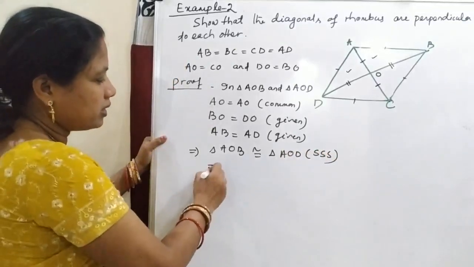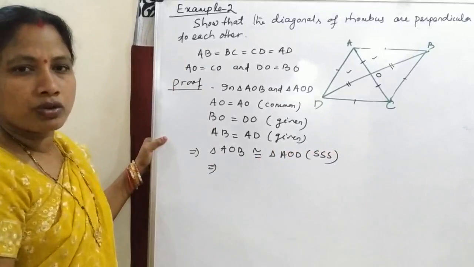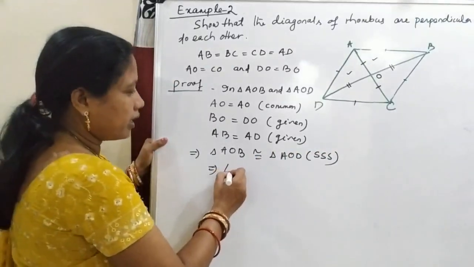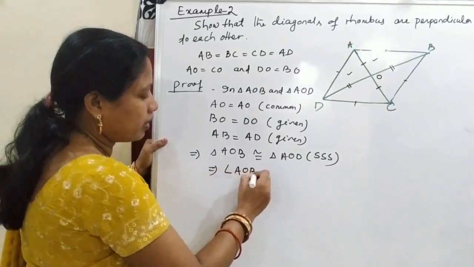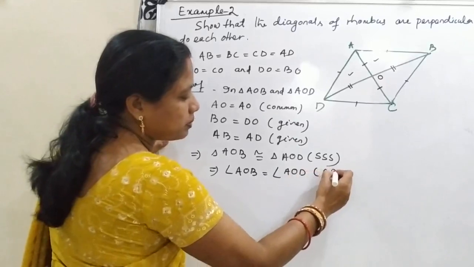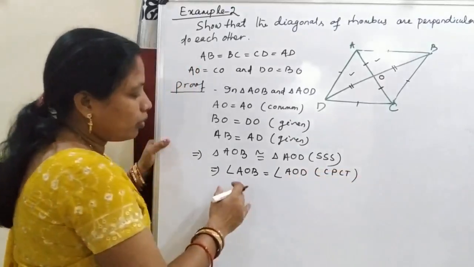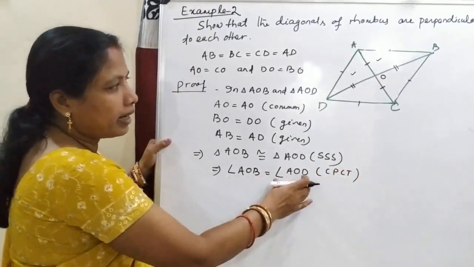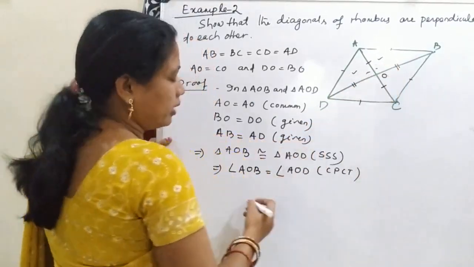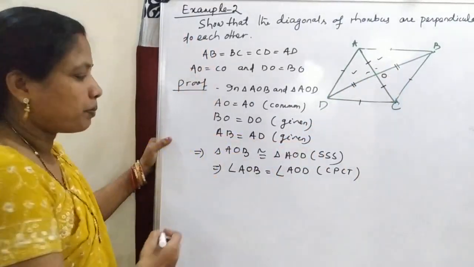If these two triangles are congruent, then their corresponding parts are equal. Then angle AOB is equal to angle AOD by CPCT. But we know angle AOB and angle AOD are a linear pair.